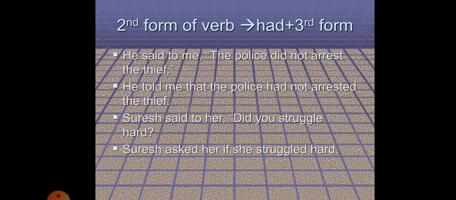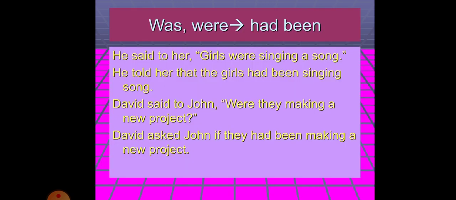Second form of verb, had, and third form of verb will be used. Whenever second form of verb is used in the sentence, you will be using had and third form of verb. He said to me, "The police did not arrest the thief." He told me that the police had not arrested the thief. Suresh said to her, "Did you struggle hard?" Suresh asked her if she struggled hard.